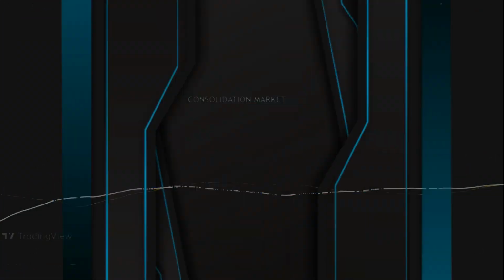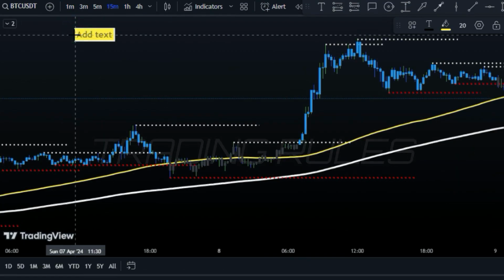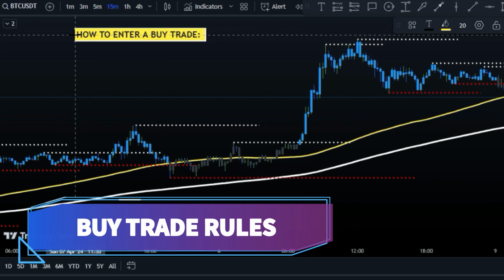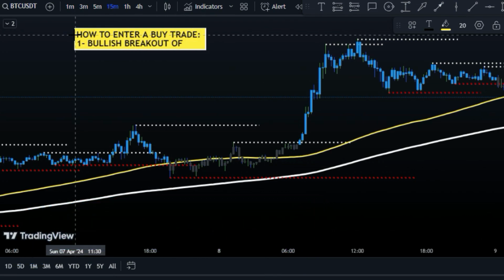Here are the buy trade rules. Firstly, look for a bullish breakout from a resistance level, indicated by the price action crossing above the white dots on the Higher High Lower Low indicator.